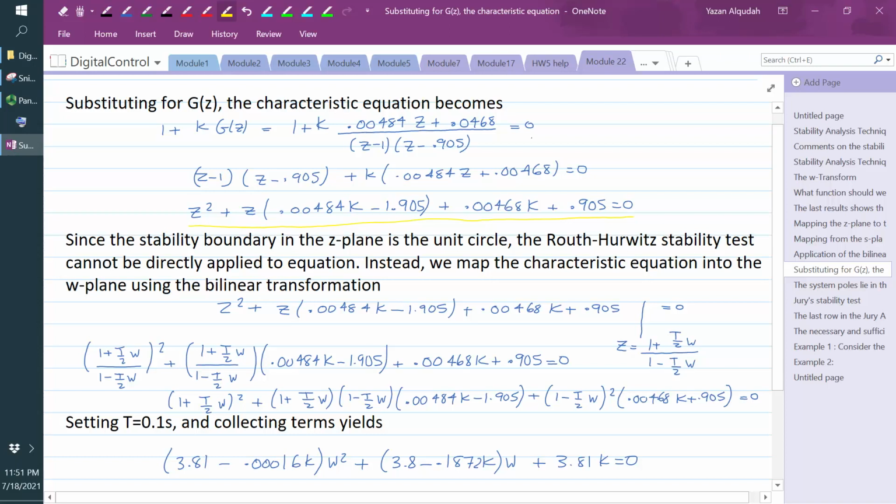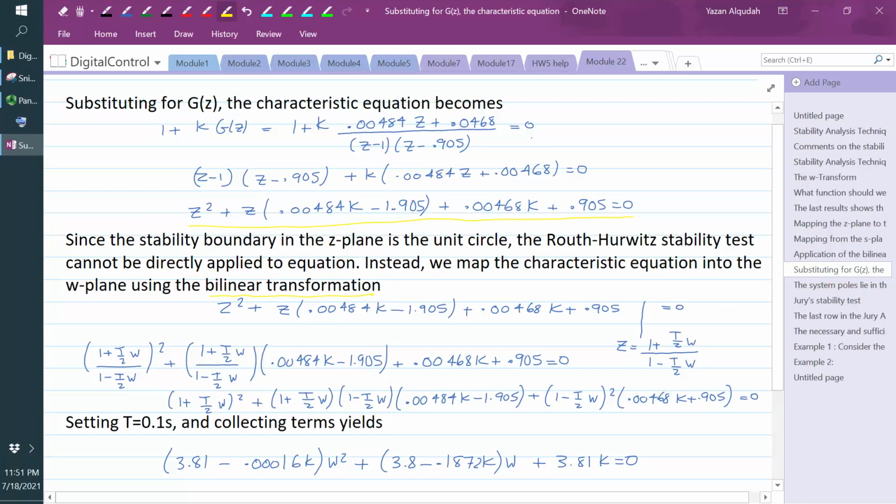Now I want to use Routh-Hurwitz to determine whether this system is stable or not. I cannot use it directly, so I'm going to apply this W bilinear transformation. How do I apply it?